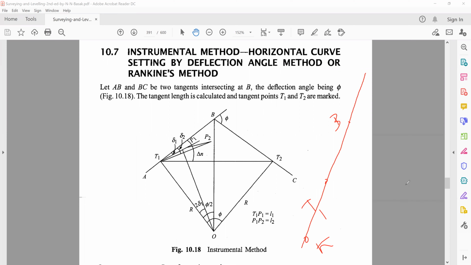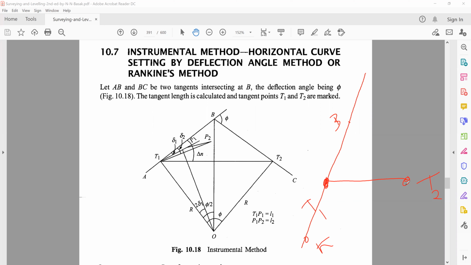So this is the tangent you draw, and then you set up your instrument at the point T1. So you would have your theodolite at the point T1, and you locate the point T2. Afterwards, using this method, we calculate the deflection angles from the tangent. So from the tangent T1B, we calculate the deflection angles.